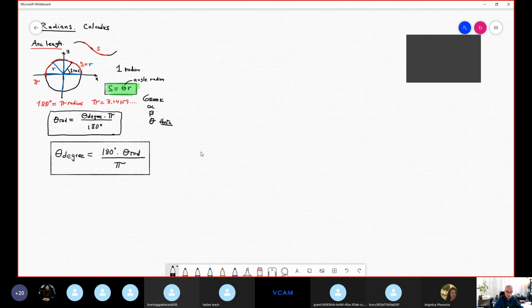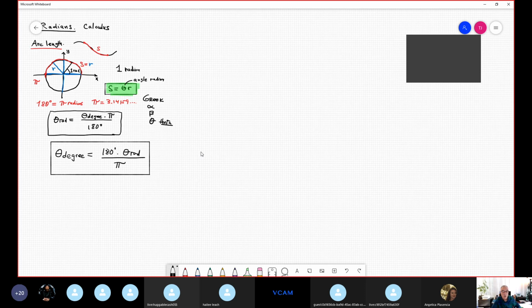The conventional one is degree, or in navigation they use minutes and seconds. But in calculus, we use a new way to measure the angle, which is radian. The definition of the radian is when the arc length is equal to the radius, it is 1 radian. And we discovered that 180 degree is pi radian. And this is the formula.